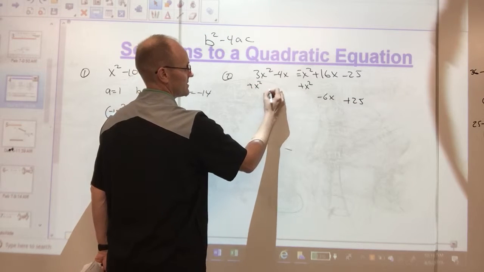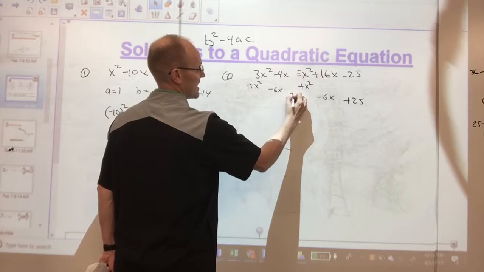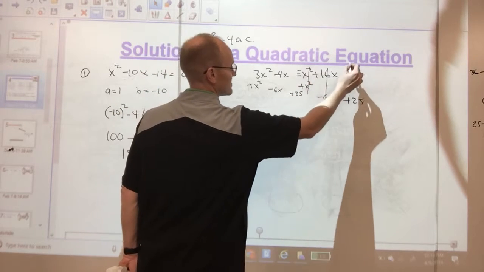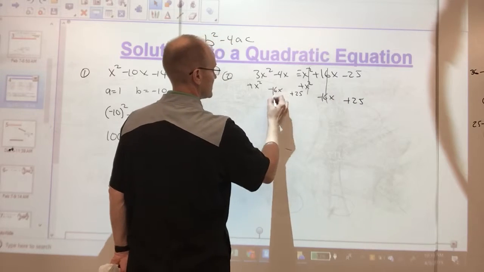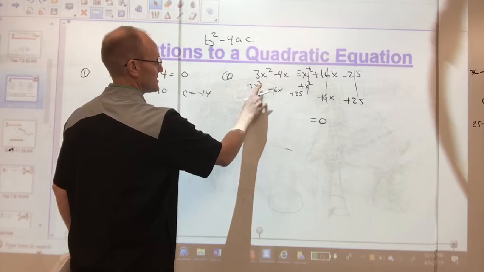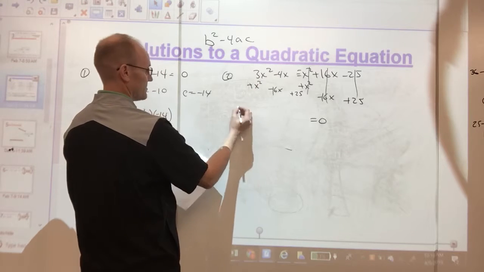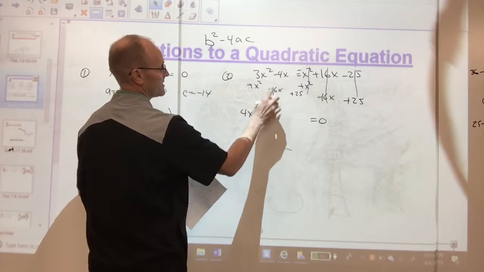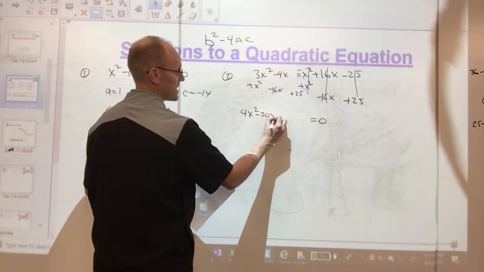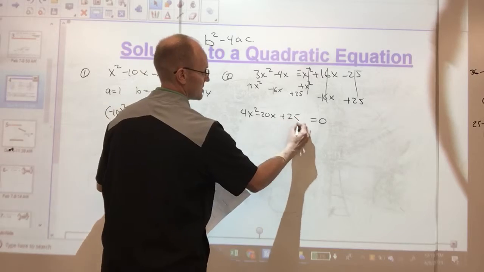On this side, these will cancel out, and I'll end up with 0. Over here, I've got 3x squared plus x squared, so that ends up being 4x squared. Negative 16 and negative 4 would be negative 20x, and then this would be 25.